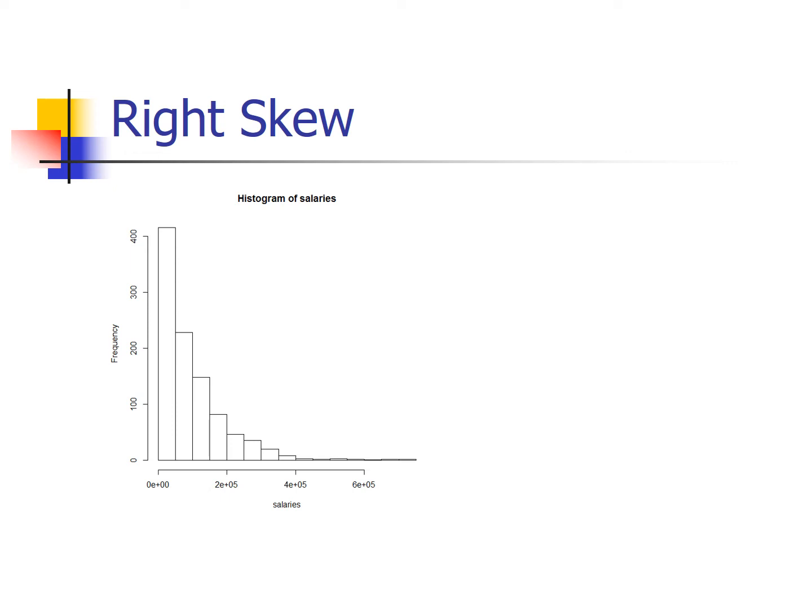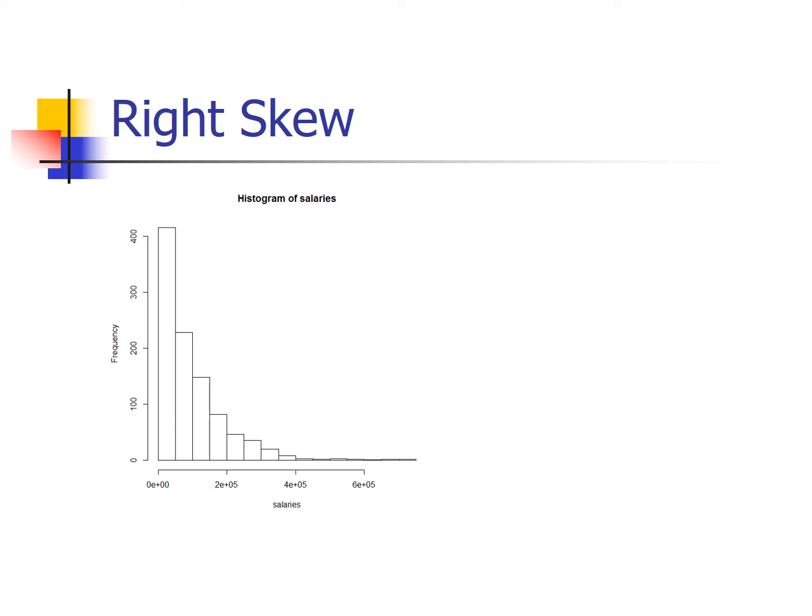There are a couple of real life variables that classically follow a right skewed distribution. Salary is maybe the most common one. It's been shown time and time again that salary follows a right skewed distribution.